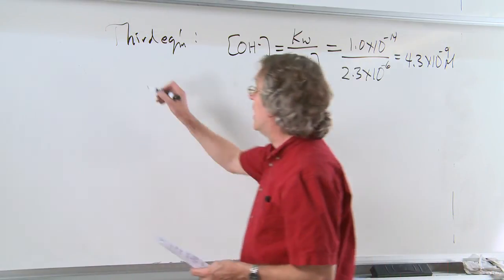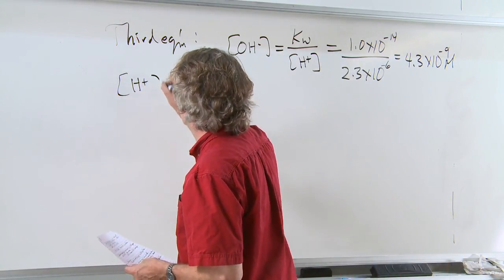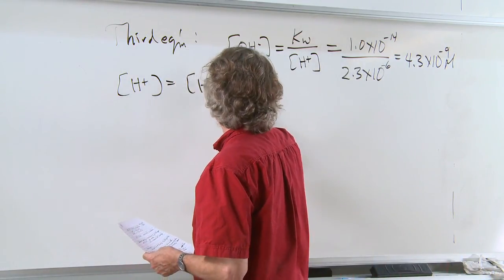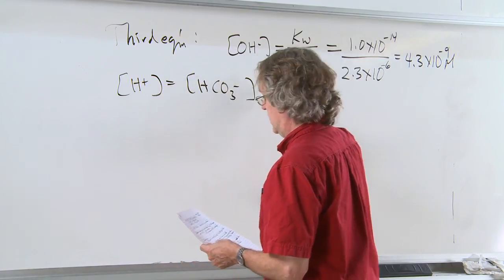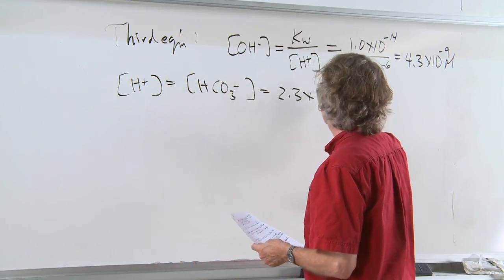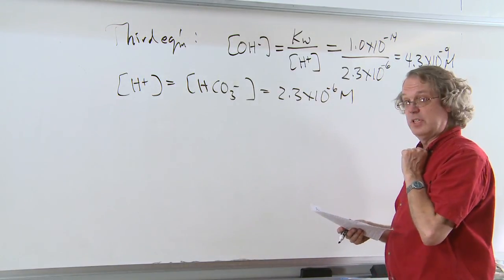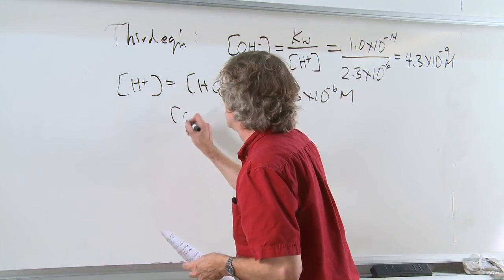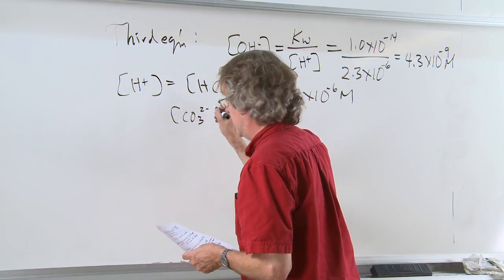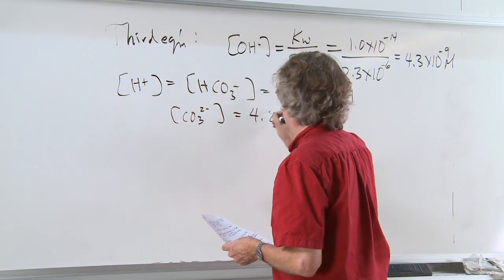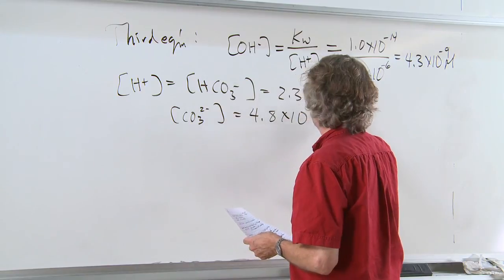And so we can summarize: the H+ concentration is equal to HCO3- is equal to 2.3 times 10 to the minus 6 molar. This is set by the first equilibrium. The concentration of CO3 2- is 4.8 times 10 to the minus 11 molar.